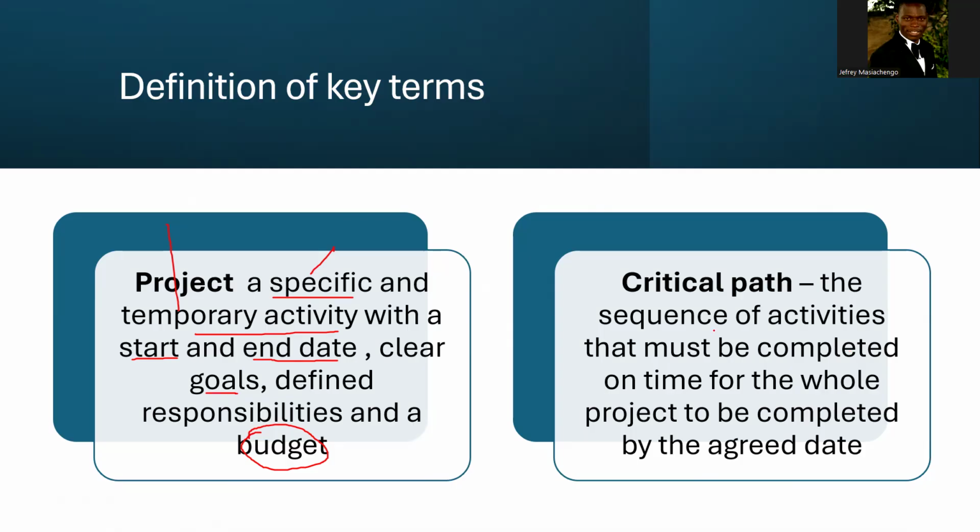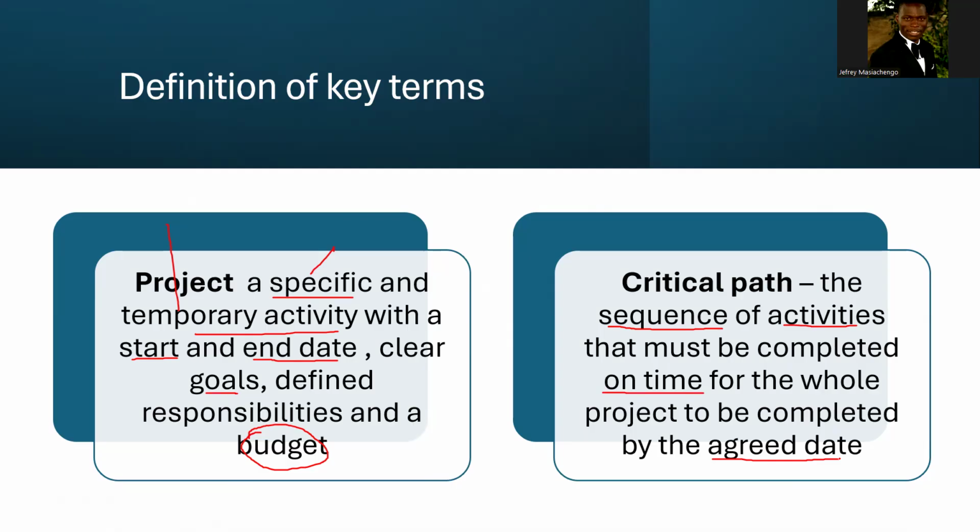Other key terms that you will come across as we do this lesson: you will come across the term critical path. So critical path is the sequence of activities that must be completed on time for the whole project to be completed by the agreed date.